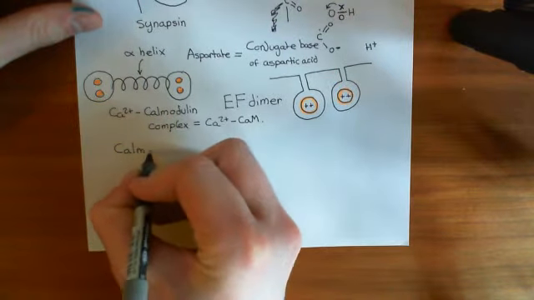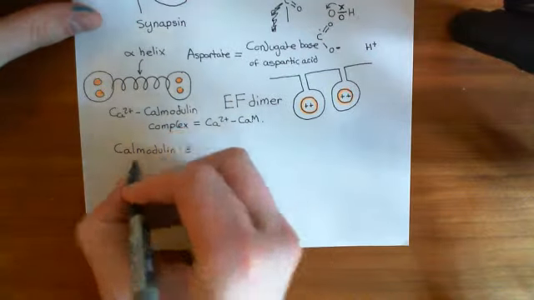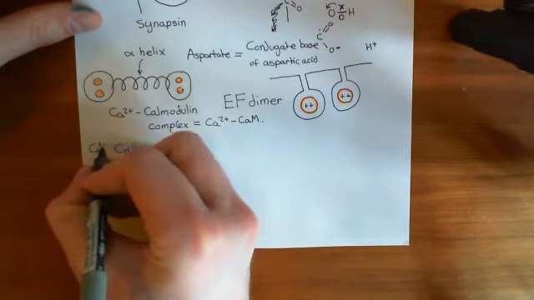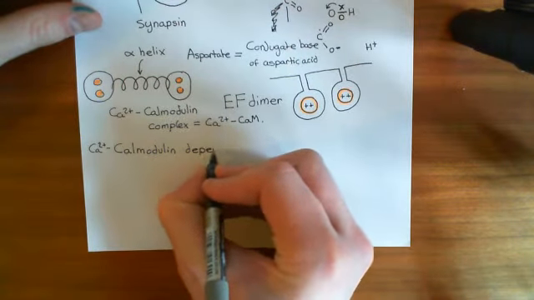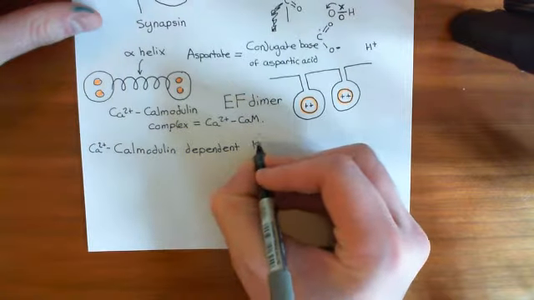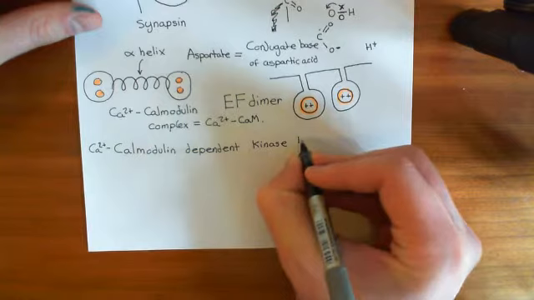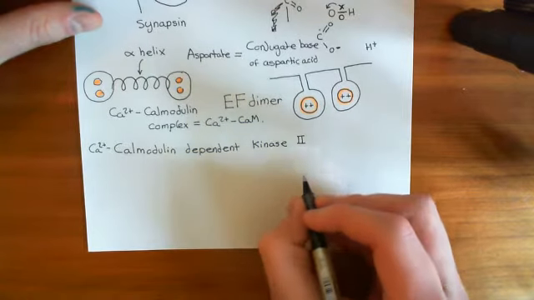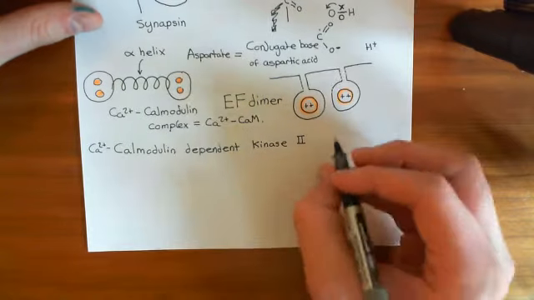Okay, and the enzyme they're going to activate has a rather fantastic name. It's known as the calcium calmodulin dependent kinase 2. So that's a mouthful. So this enzyme often has abbreviations. You won't often hear people fully say calcium calmodulin dependent kinase 2.